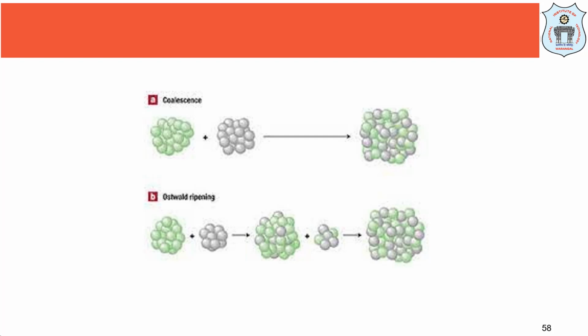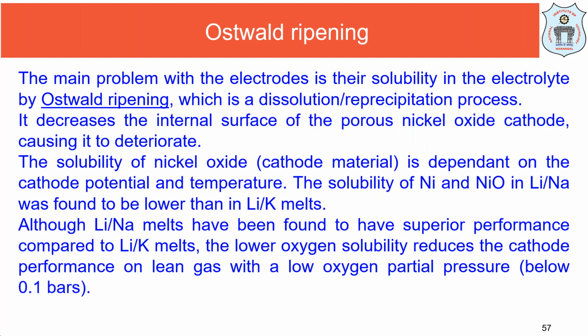The solubility of nickel oxide is dependent on the cathode potential and temperature. The solubility of nickel and nickel oxide in lithium-sodium melts was found to be lower than that in lithium-potassium melts. Although these lithium-sodium melts have been found to have superior performance compared to lithium-potassium melts, the lower oxygen solubility reduces the cathode performance on the lean gas with a low oxygen partial pressure.